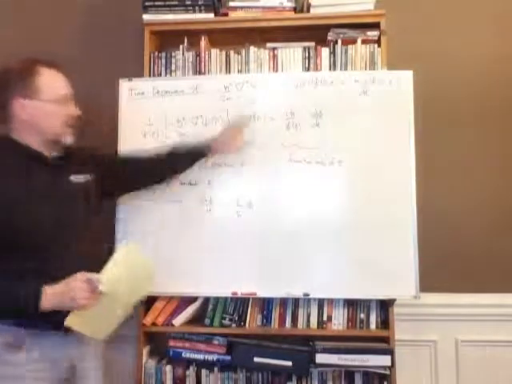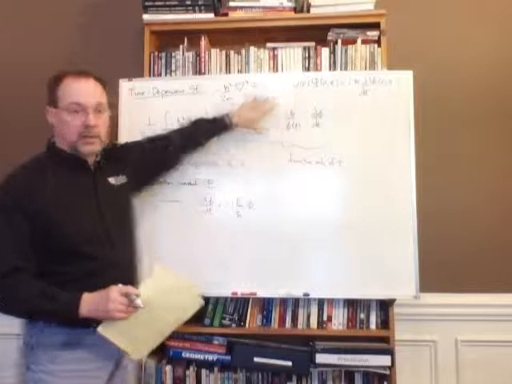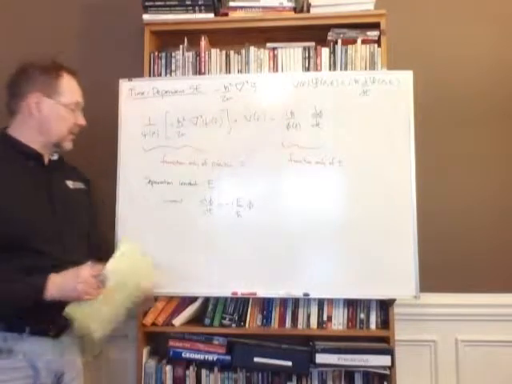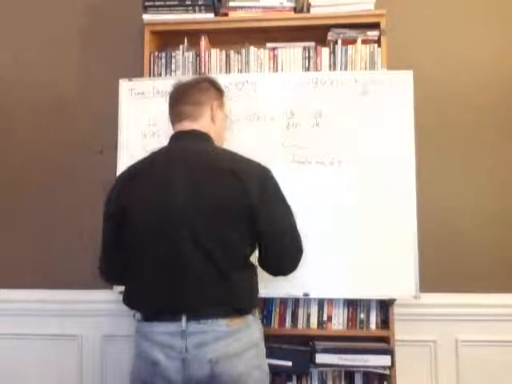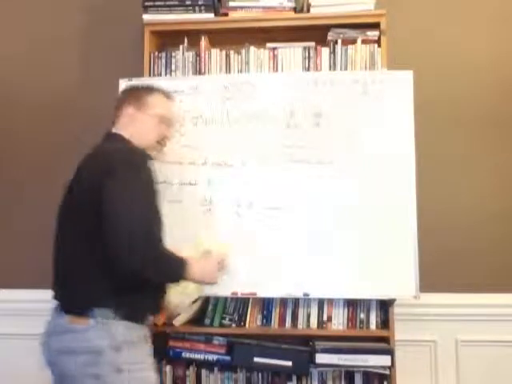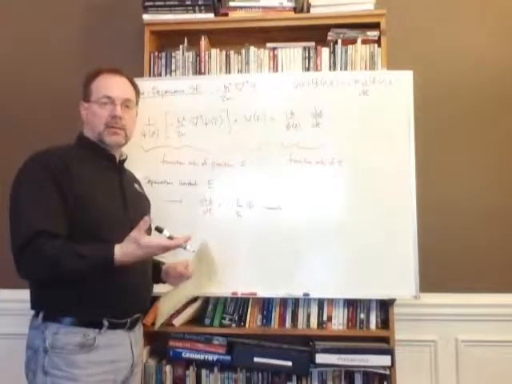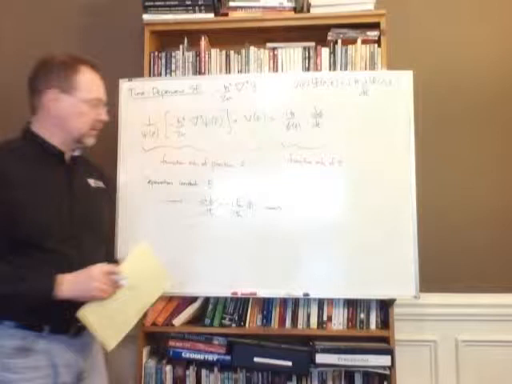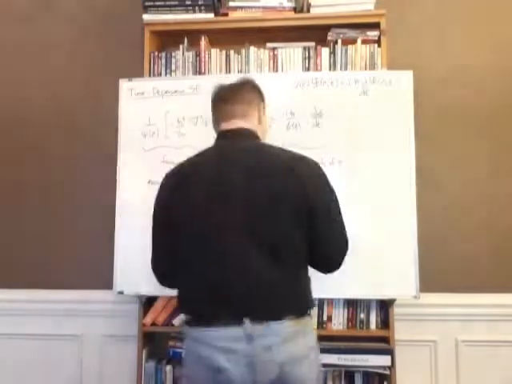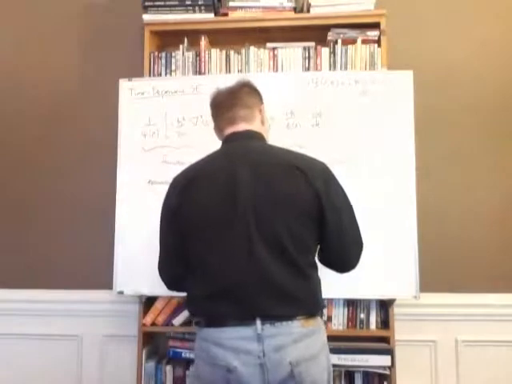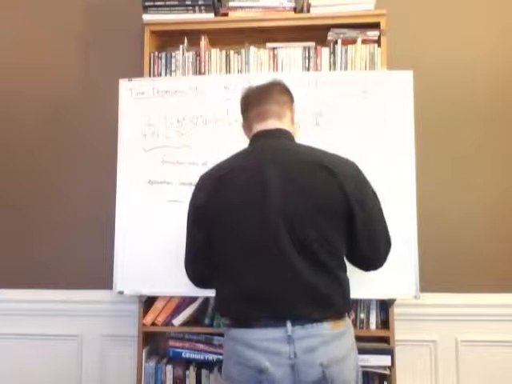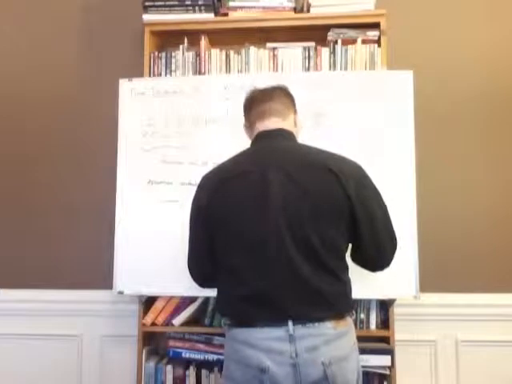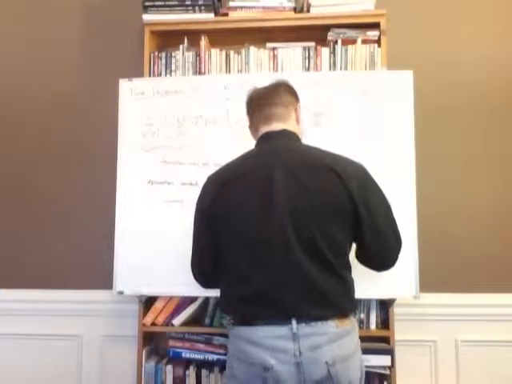Now, this gives us the solution. If we just set our amplitude equal to 1, then phi of t is equal to e to the negative i E over h bar t.